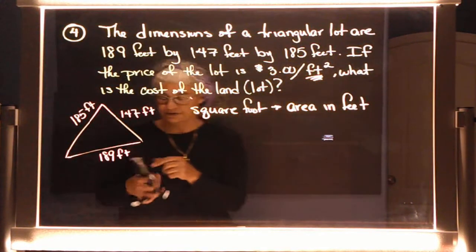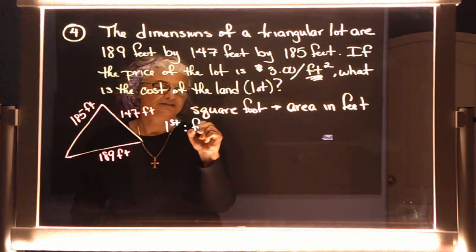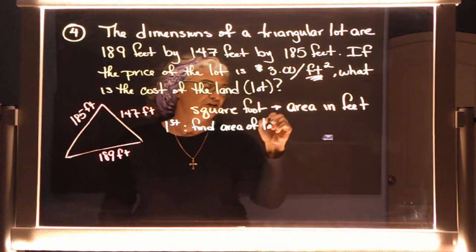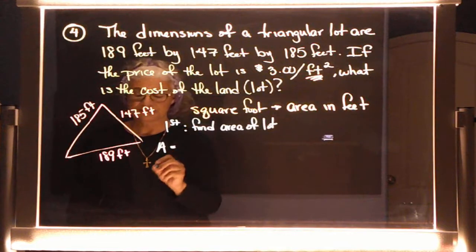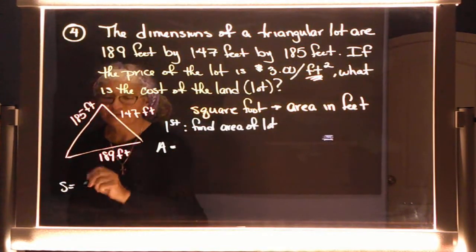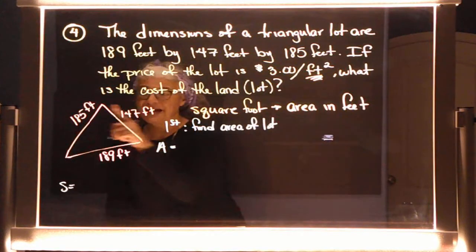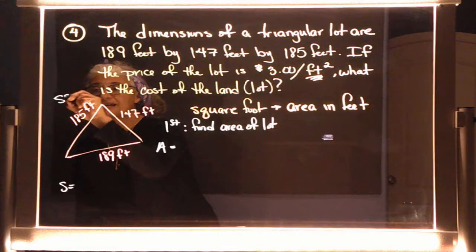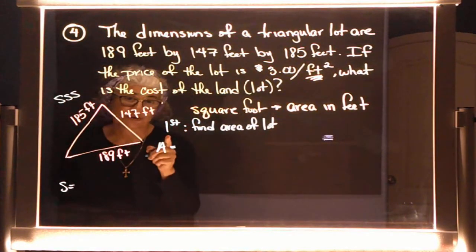So, first things first, find the area of the lot. To do that, we need this S value because we have 3 sides of a triangle. When we have all 3 sides, this is a side-side-side triangle, which means we need to know Heron's formula.